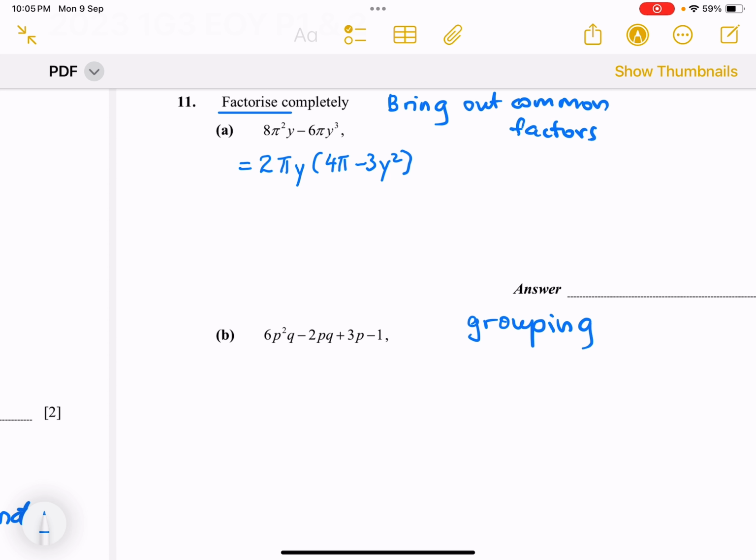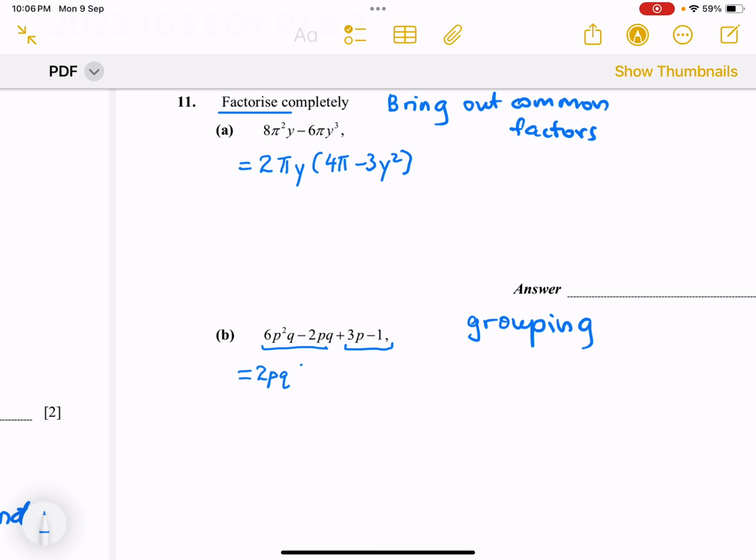The next sum, we have 4 terms. When you have 4 terms, it is factorization by grouping. There are 2 groups here, and each group has a common factor. So we look at the first group first. The common factor is 2, p is the lower power, p is also common, and q is common.